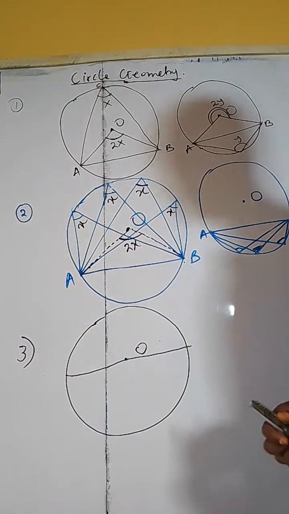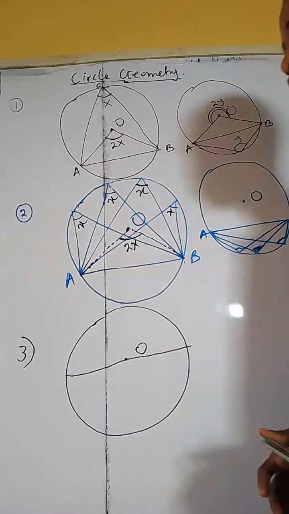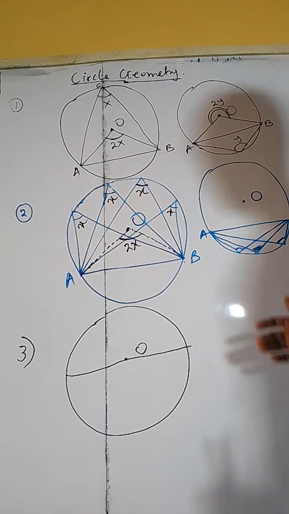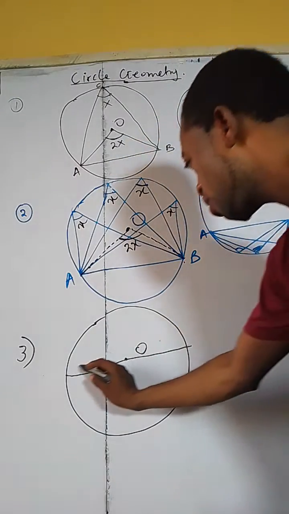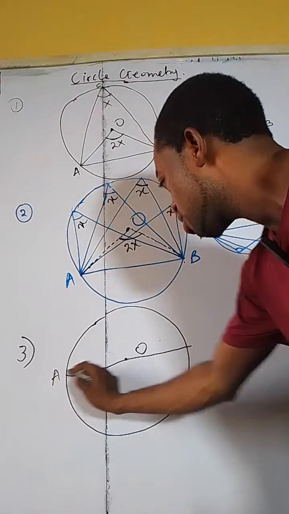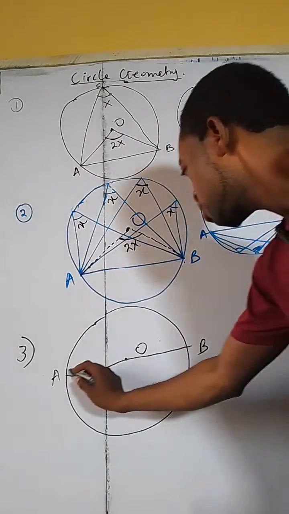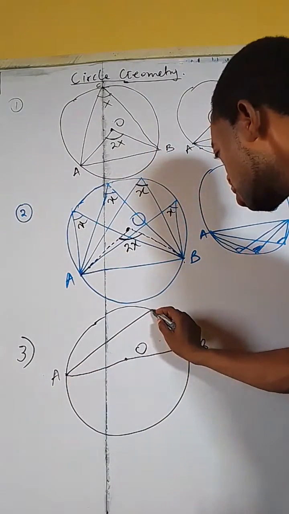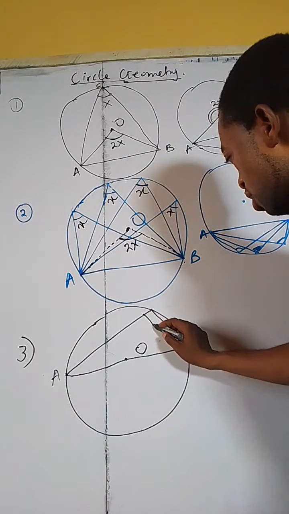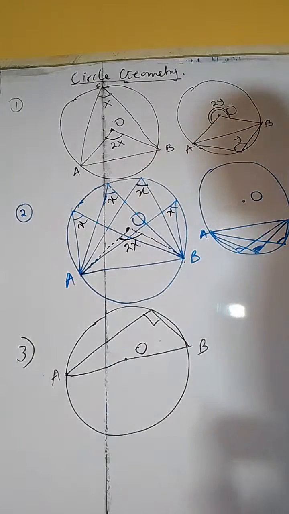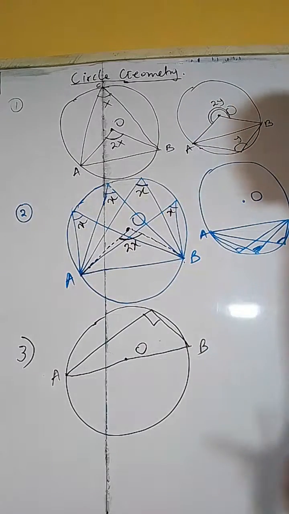And the diameter here divides the circle into 2 equal parts. So we have a semicircle now. So the angle formed by this diameter, let's call it AB, is the same thing as the angle formed in a semicircle. And this angle here now is 90 degrees. So it implies that the angle in a semicircle is 90 degrees.